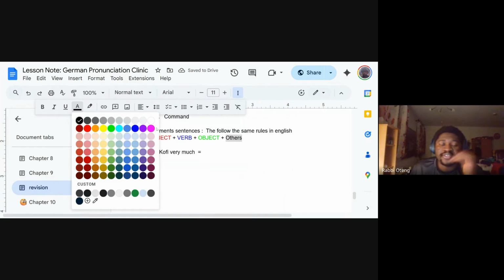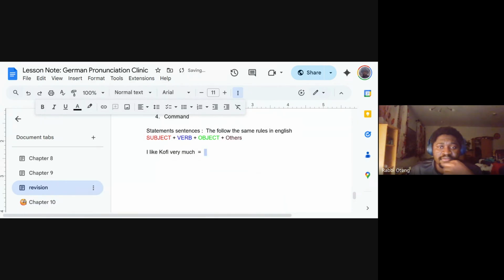The others could be adjectives or prepositions, marked in brown.